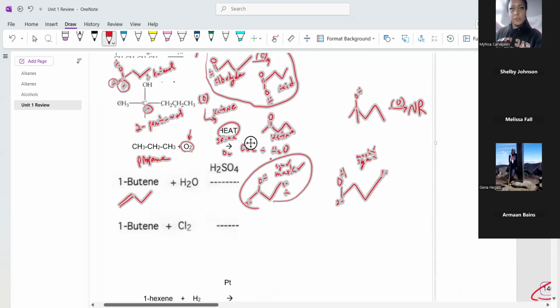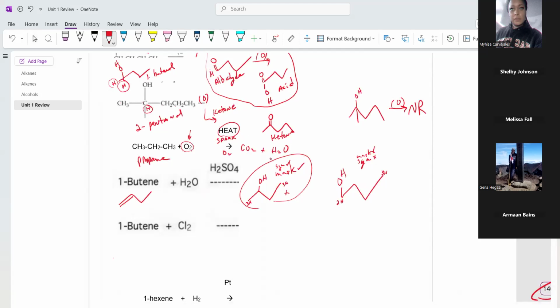Okay, so we have 1-butene again, and this time we're adding a homogeneic additive. That means we're not going to get a mix.